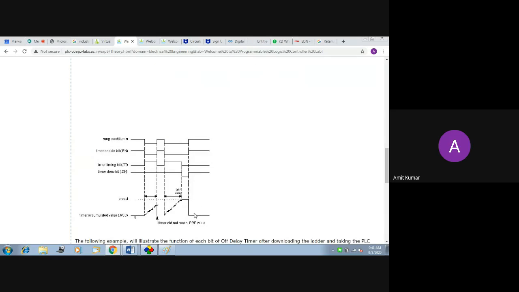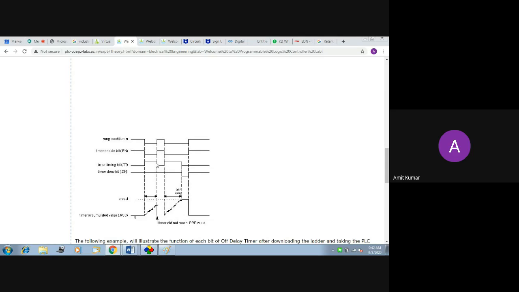Just what is the difference between the on timer and off timer? Here, if the run condition is false, then this timer is running. If your run condition is true, so it is 1, the enable bit will be 1. When the enable bit goes high, your timer bit or TT bit is going to be high, or you can say your timer will start, and it will reach up to here.